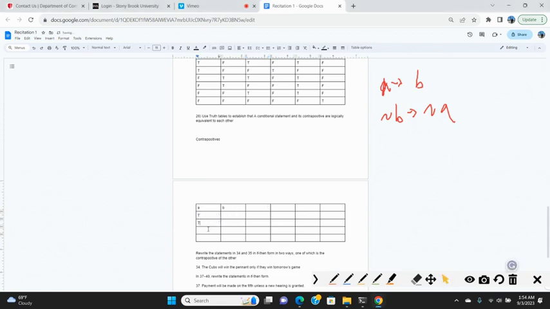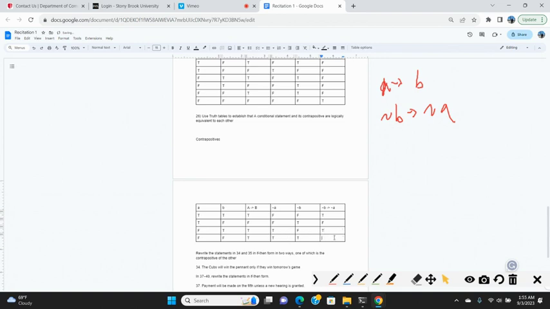So here we have T, T, F, F, T, F, T, F. And so then we have A implies B. So we have T, F, T, T. And so then we have negation of A, which is F F T T, negation of B, F T F T. So the negation of B implies the negation of A is also T. True implies false is false.